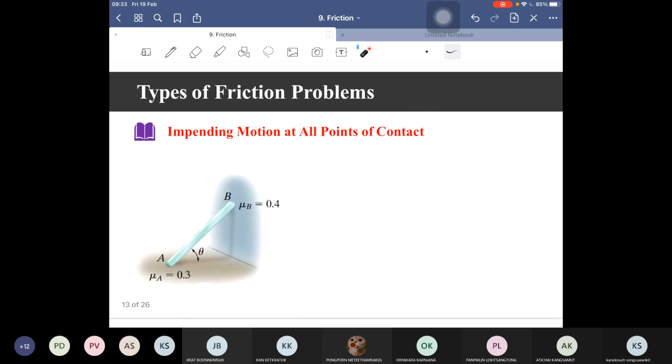In case that motion is impending at the points of contact, so it's like it reaches the critical point, the condition of Fs must be exactly equal to mu s N. It's about to happen, but not happened yet. Or we can say that the frictional force at this point is at a limiting static friction force.